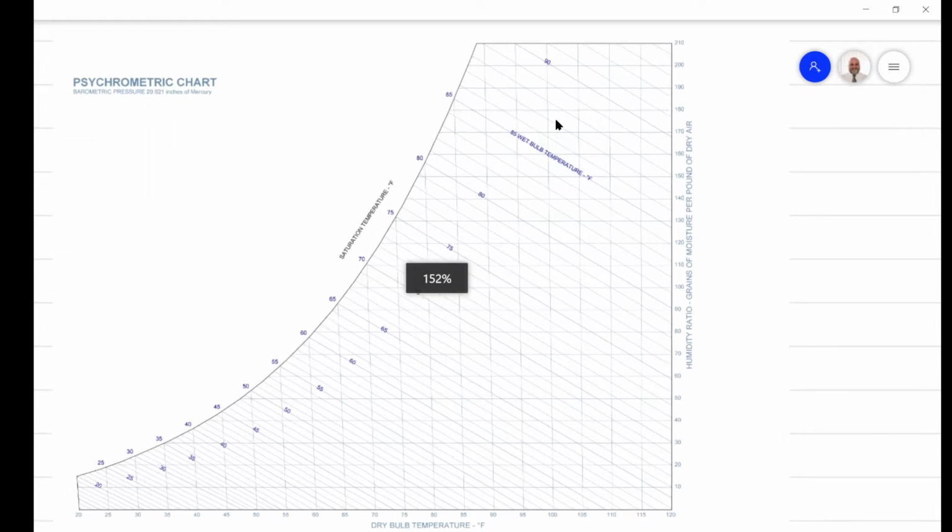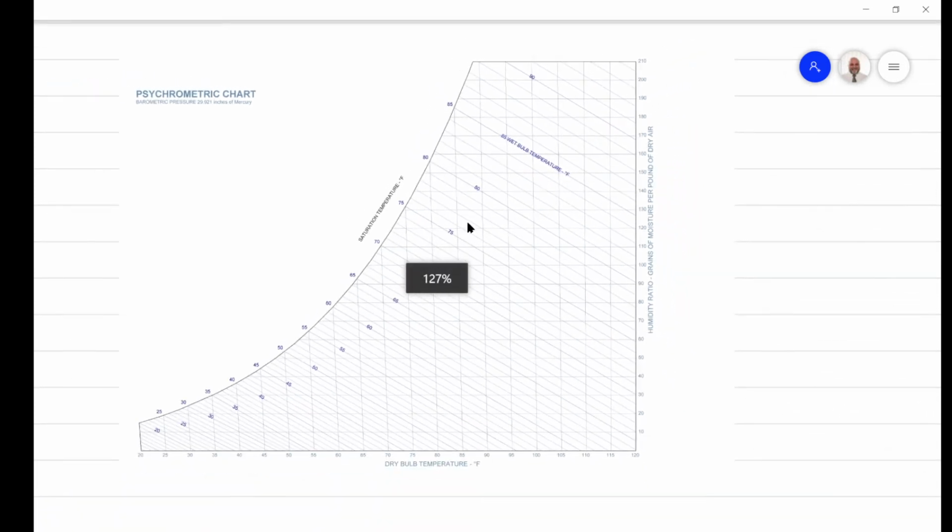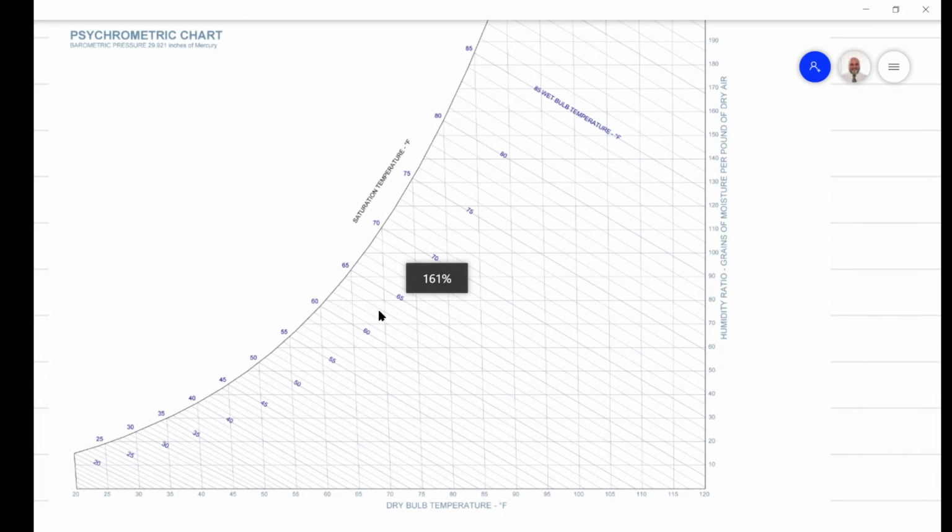This is called the wet bulb temperature in degrees Fahrenheit, and what it means is if you have a wet bulb temperature of 65, your point is going to be somewhere on this line. We don't know where because we have only one measurement, which is 65 degrees Fahrenheit for wet bulb.